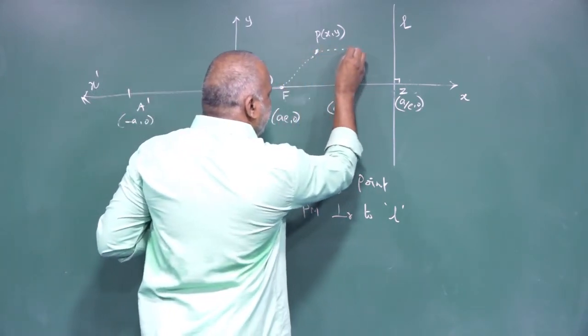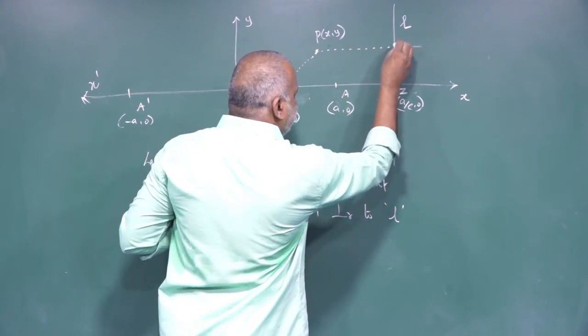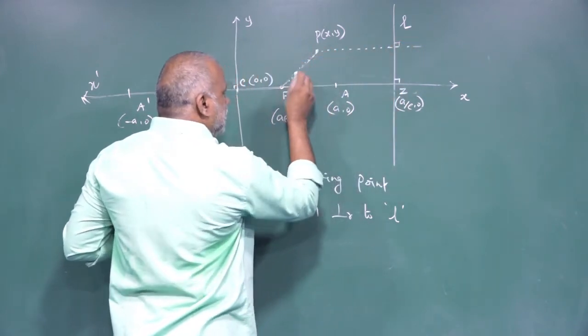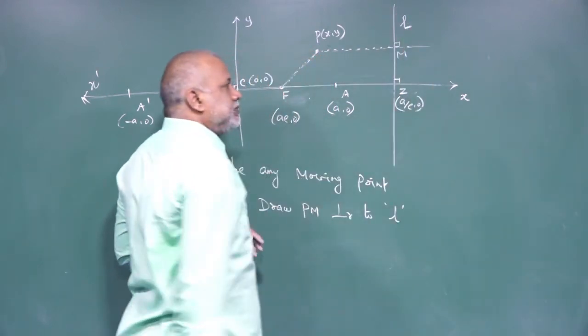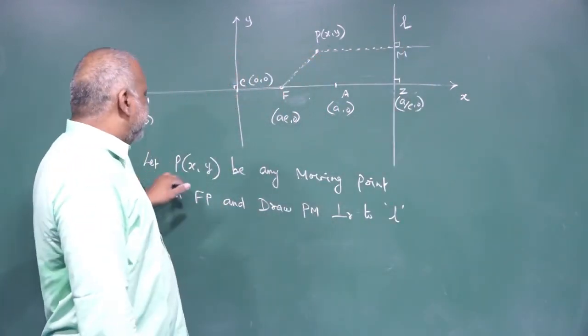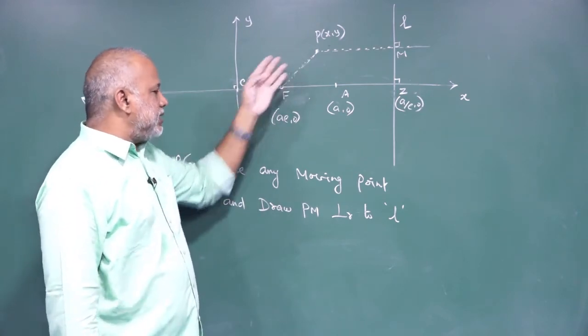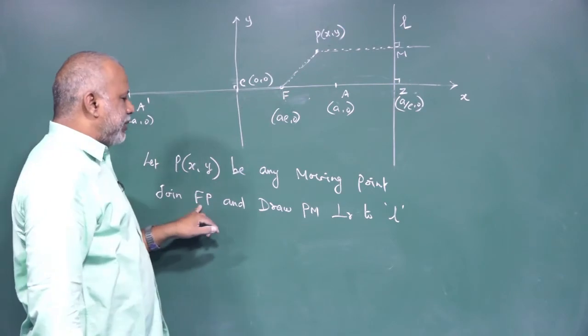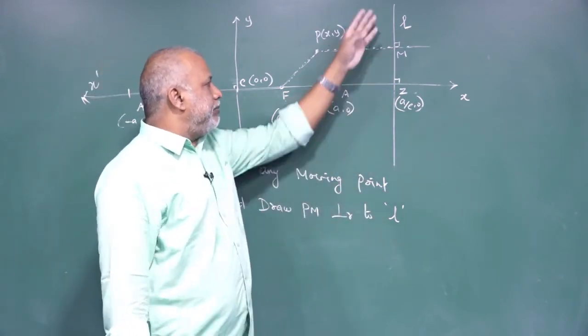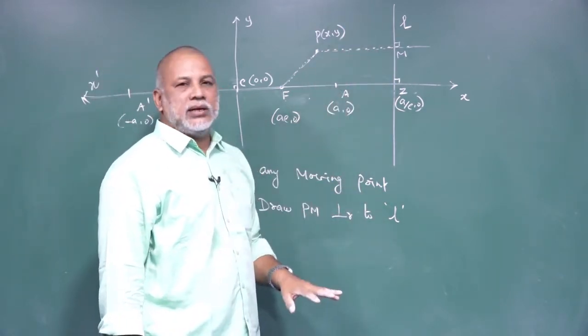Then draw PM perpendicular to the directrix L. This is PM. Once again listen. Let P of x comma y be any point on this locus. After that join FP and draw PM perpendicular to the directrix L.